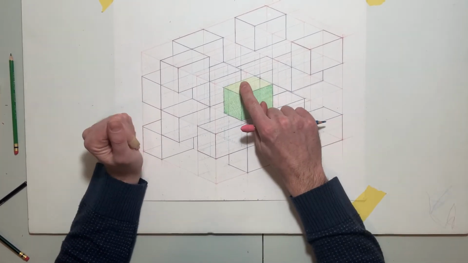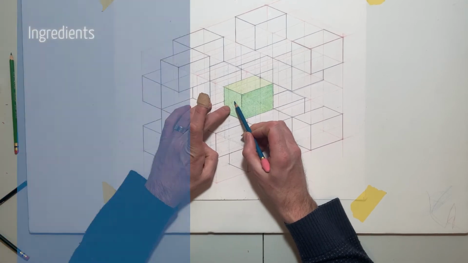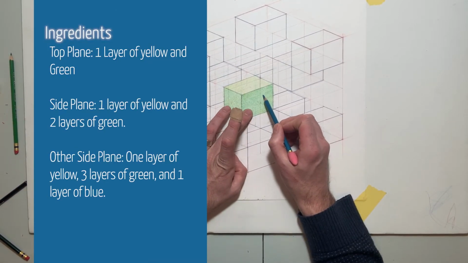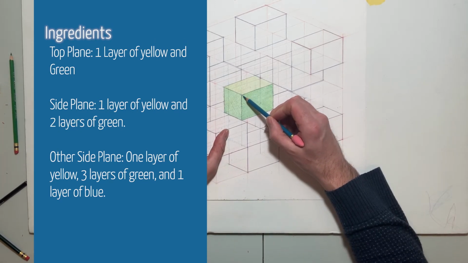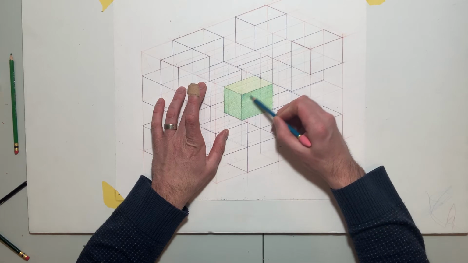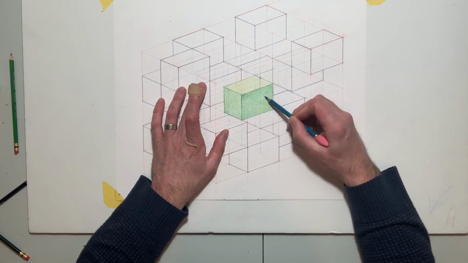So I have one layer of yellow, one layer of green at the top, one layer of yellow and two layers of green on the side, one layer of yellow and three layers of green, and one layer of blue on the side. Now I'm going to go back in that original direction that I was doing before.